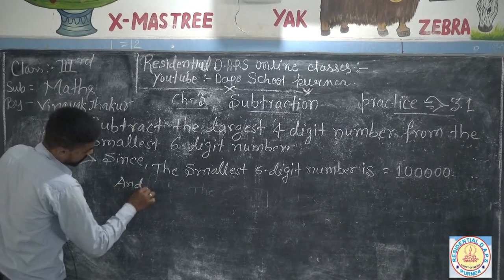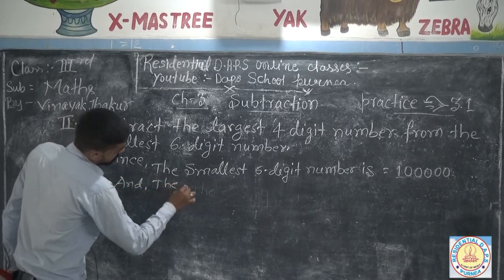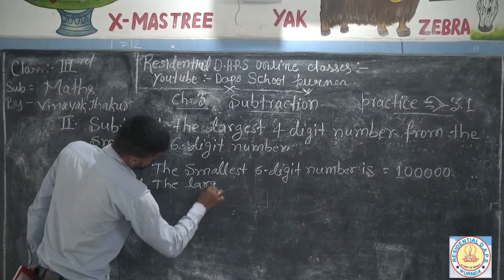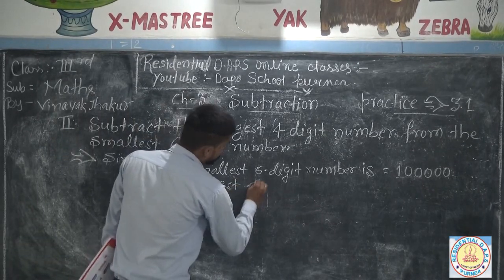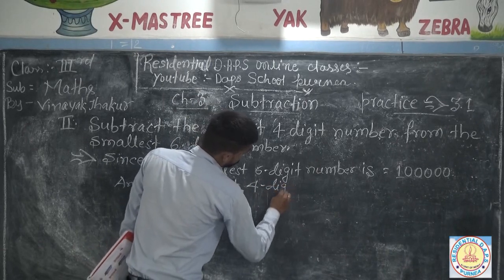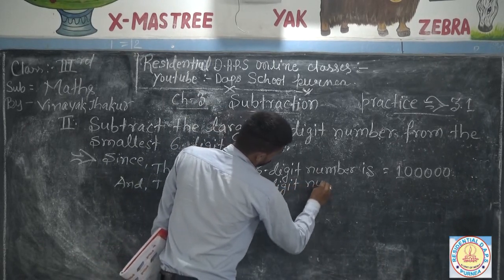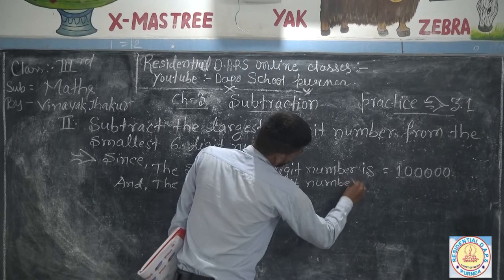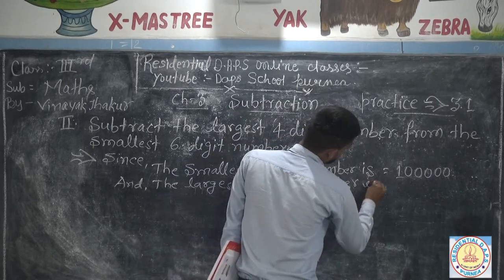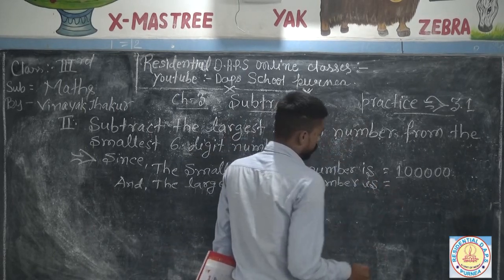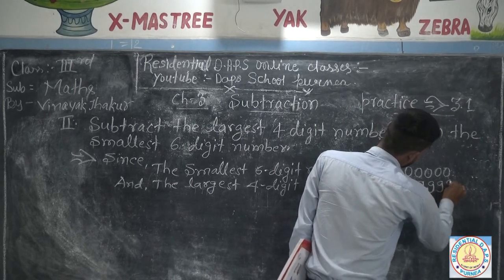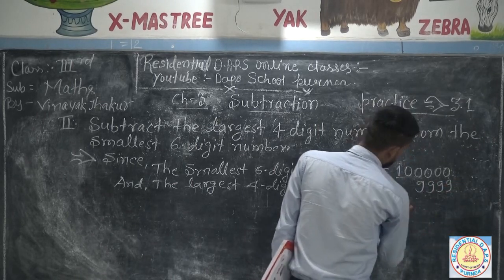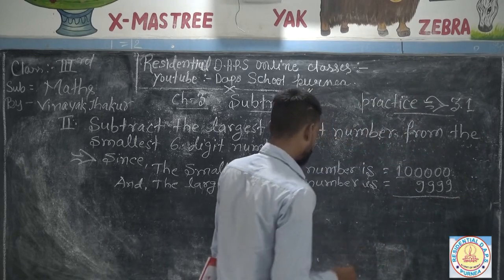And the largest 4-digit number, you also know, is 9999. So you need to subtract here.